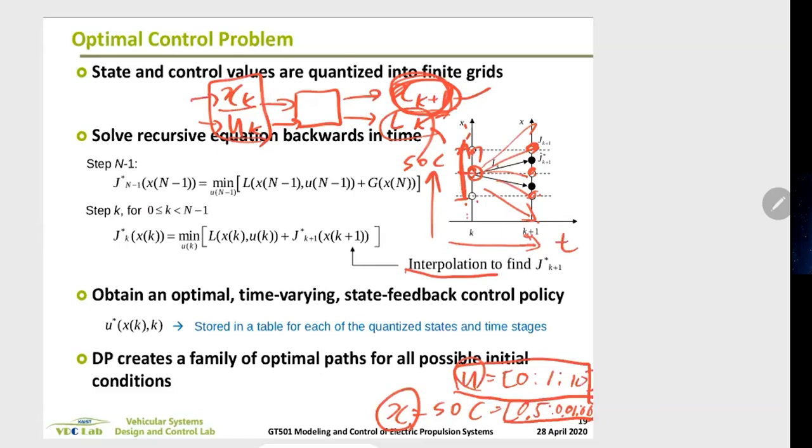meaning that, so this gets tricky. This gets complicated. So when you actually do backward optimization, you must add LK, right? The incremental cost plus the J, K plus 1, meaning that from here to here, J optimal cost, starting from this node, right?